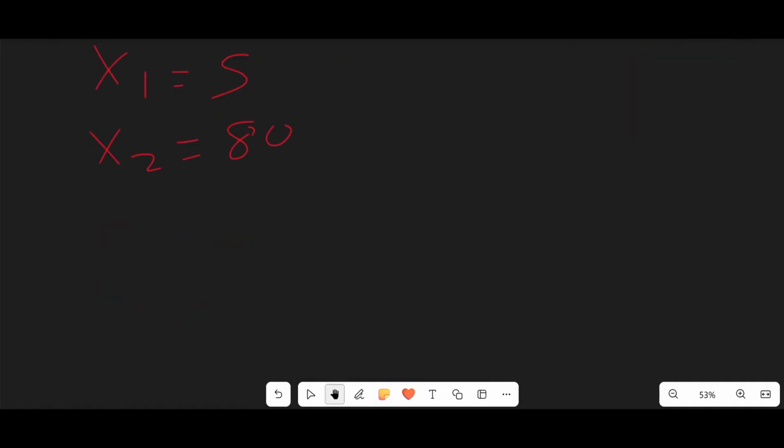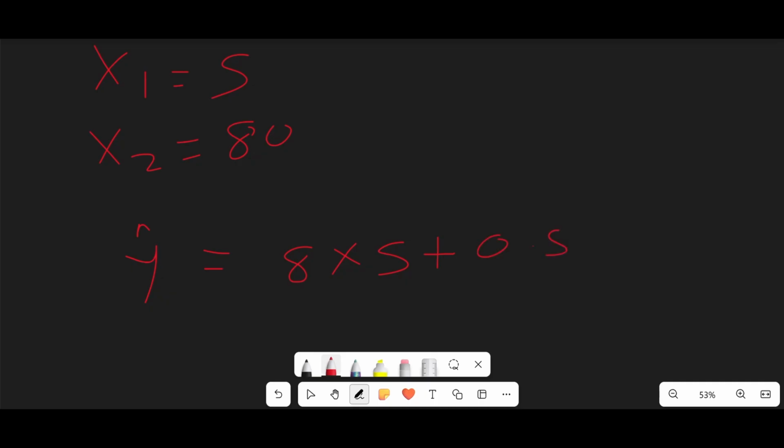Then in that scenario, y hat equals 8 into 5 plus 0.5 into 80 plus bias, which is 10.